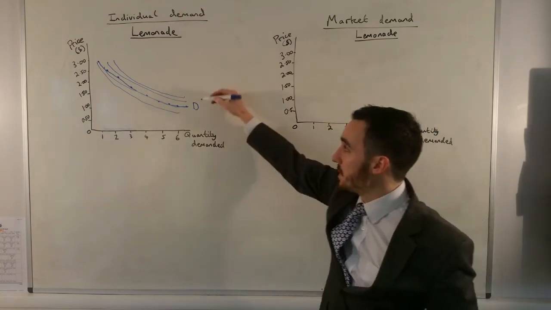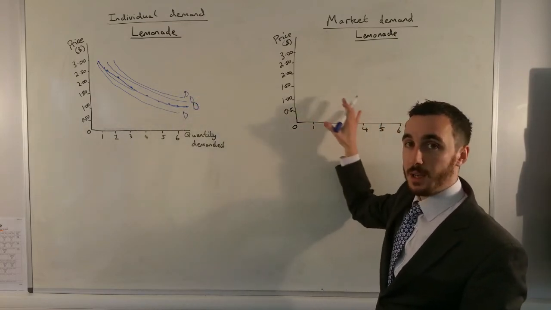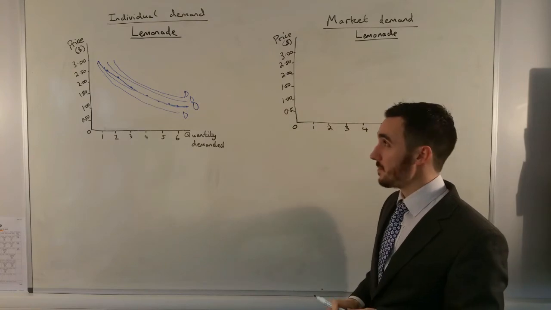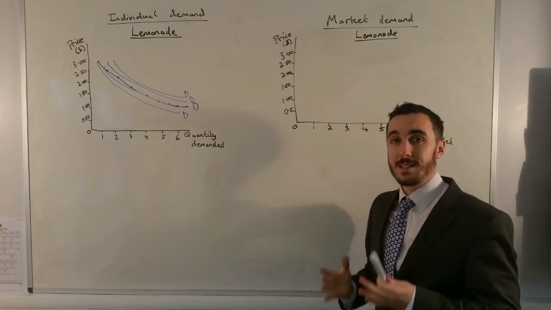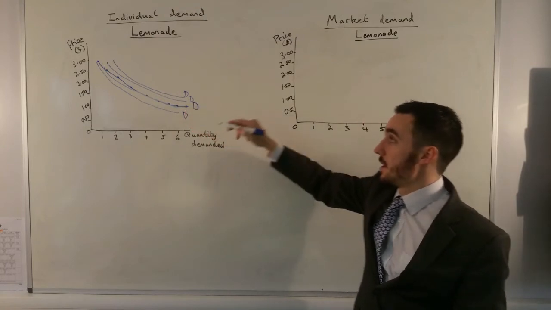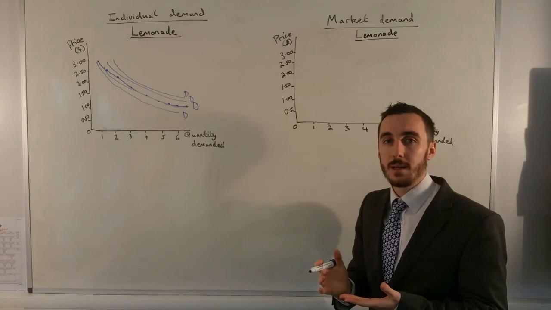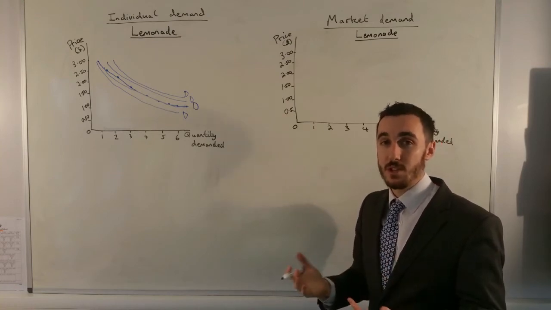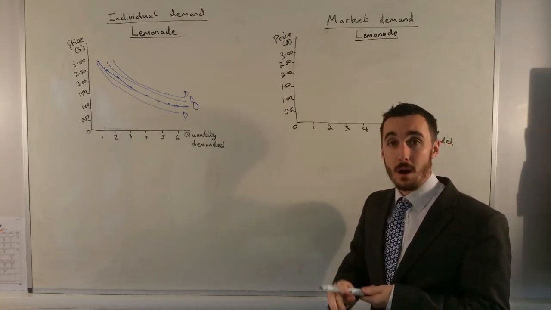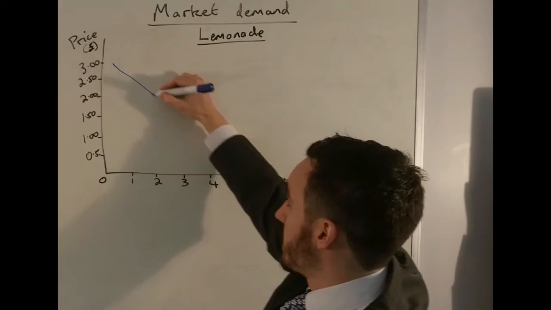So we put all these demand curves together and we plot this on a market demand graph. Now, you're correct in thinking that the market demand graph should look the same as this. However, in economics, we like to make things simpler in order to analyse more efficiently. So actually, the market demand graph ends up looking like this.